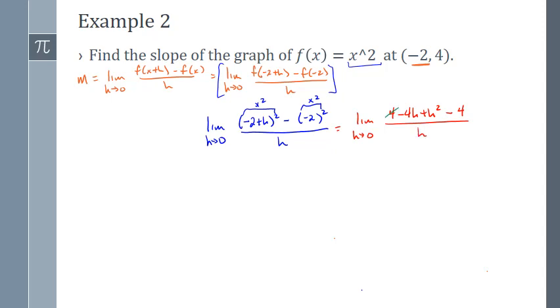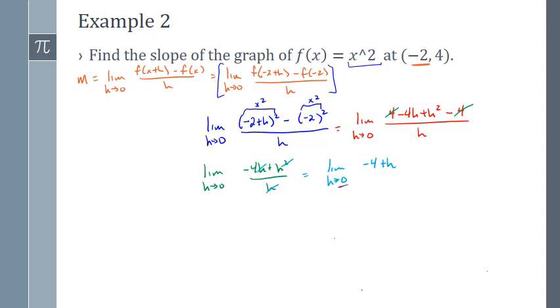And then we can see that the 4's cancel. So now I have the limit as h goes to 0 of negative 4h plus h squared all over h. And now each term has an h, so I can cancel one of those out from each. And I'm left with the limit as h goes to 0 of negative 4 plus h. Now I can evaluate it.